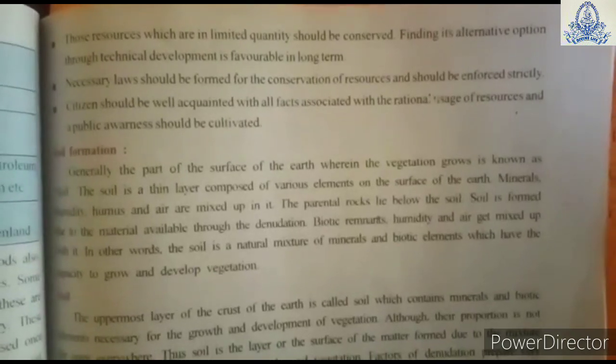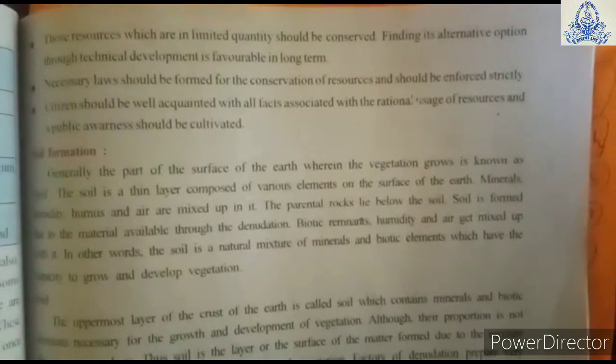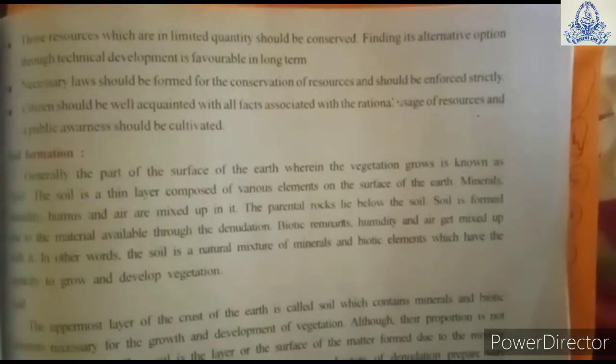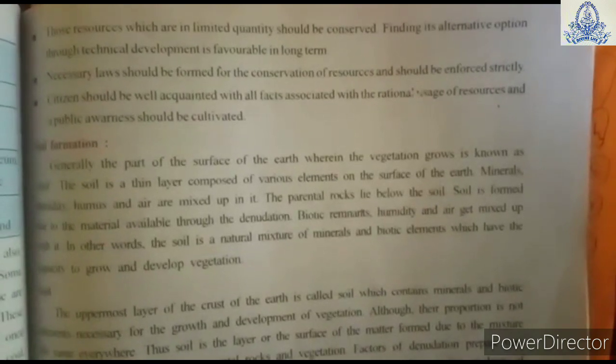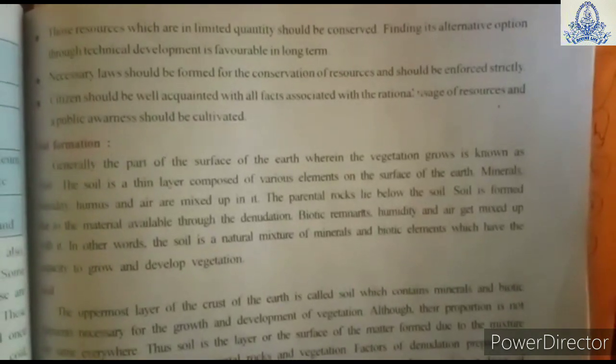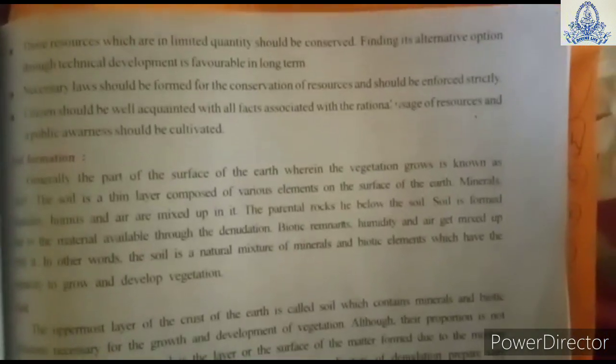Now the next one: necessary laws should be formed for the conservation of resources and should be enforced strictly. See, this point is mainly for the government. The government should form certain laws, and it should see that those laws are enforced strictly.